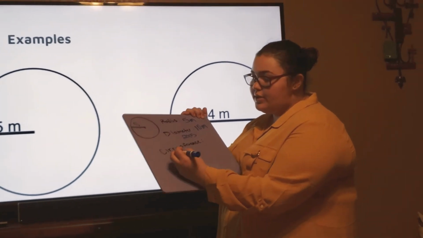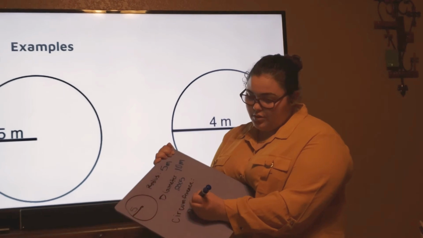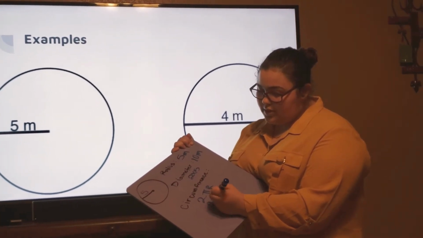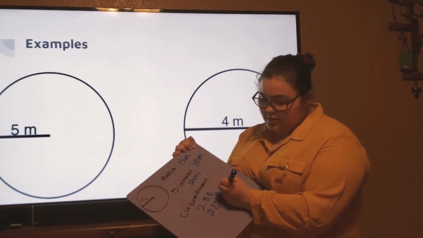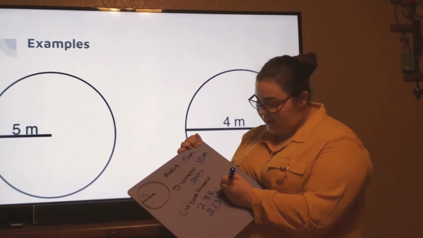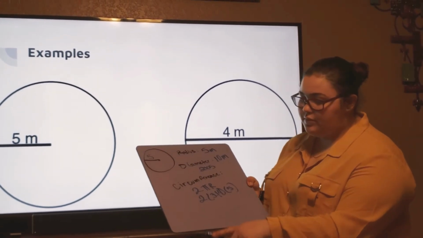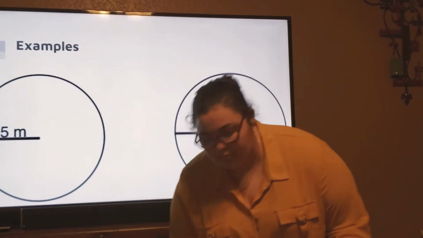For circumference, the formula that we're going to use is the 2 pi r for this one. So 2 times 3.14 times the radius being 5. For this, we could either just put it into the calculator like this, or you can simplify it to 10 times 3.14.